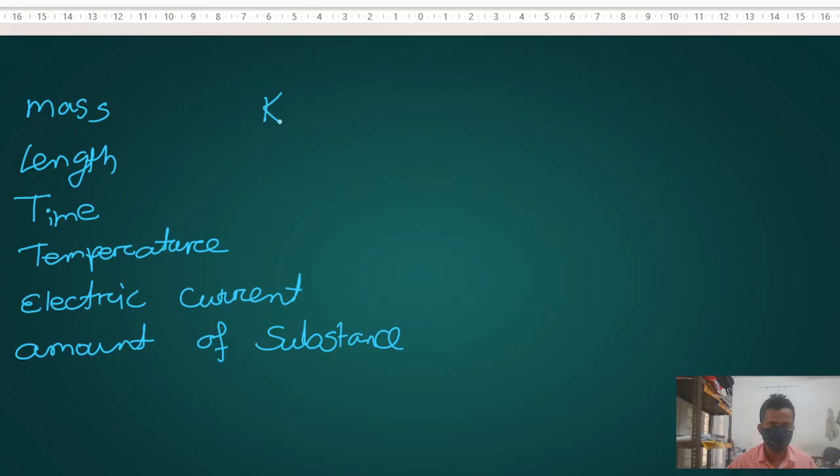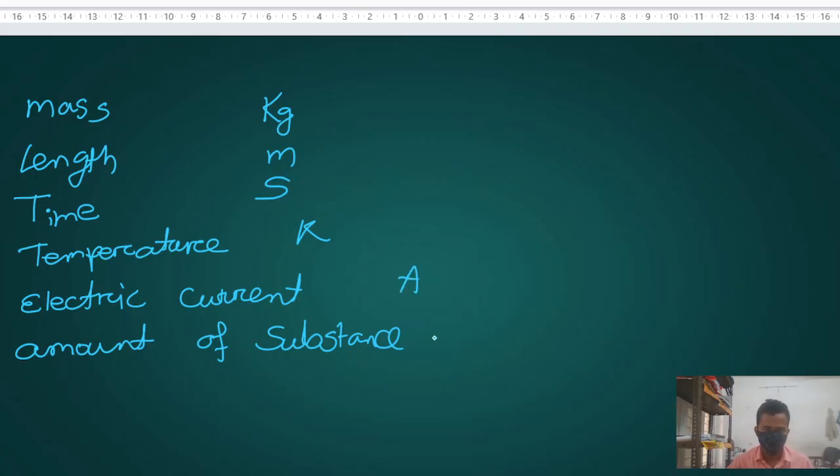Let's see the units. The standard unit of mass is kg, we'll discuss that later. Length is meter. For time we use second. Sorry, wait, Kelvin is used for temperature. For electric current, ampere.